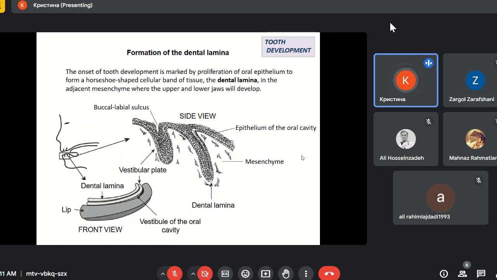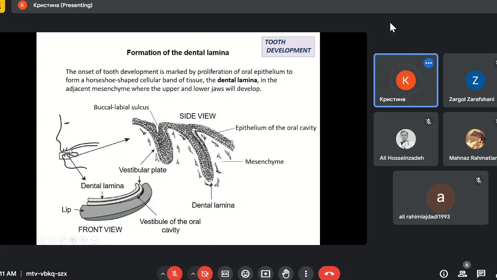So first we have the dental lamina. During this stage, the epithelium of the oral cavity proliferates, invaginates, and forms two lines which go along the jaw in a horseshoe shape, like this.